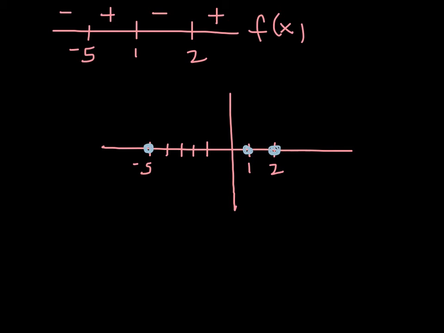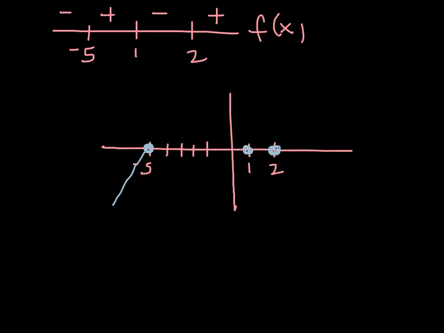All right, so the first thing that we're going to do is we're going to look right here, and we notice that when the graph is to the left of negative 5, that we have a negative sign. And so basically what that means for us is that the graph will be below the x-axis. So it's going to look something like that.